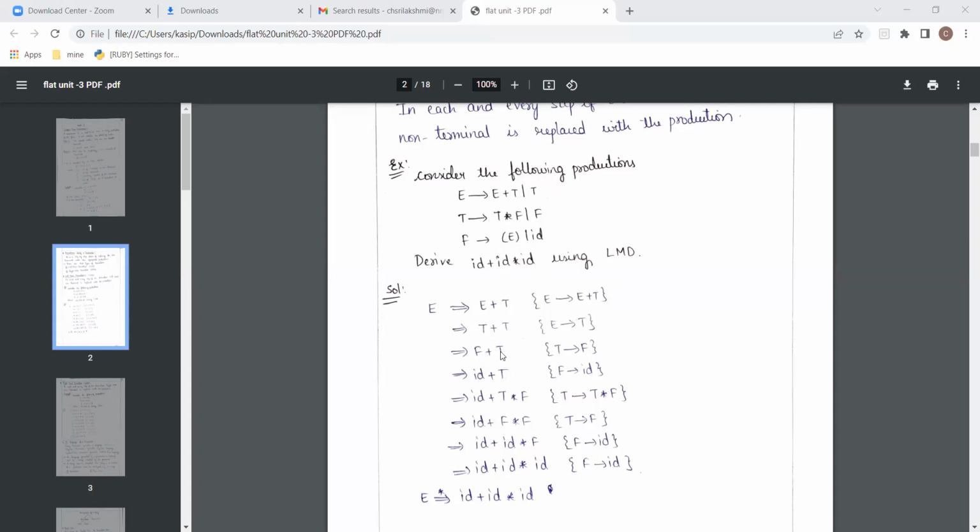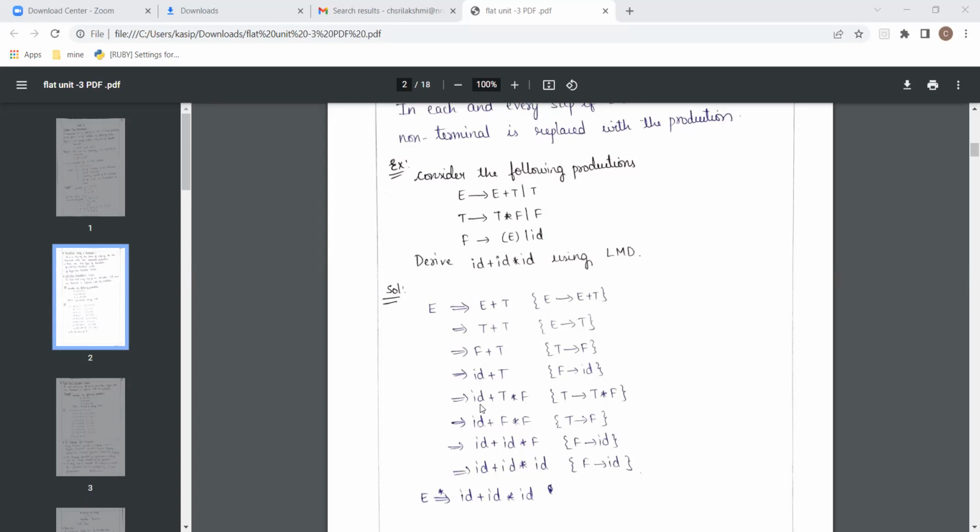What I have to do is derive ID plus ID into ID. So for that I have to substitute T tends to F in place of T. And after that, in place of F, I can substitute ID, F tends to ID.